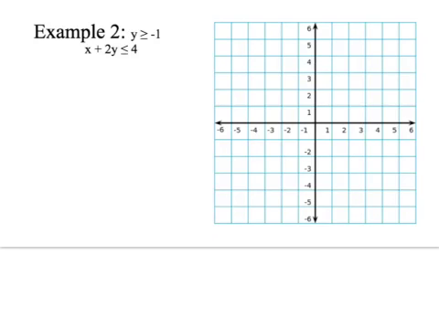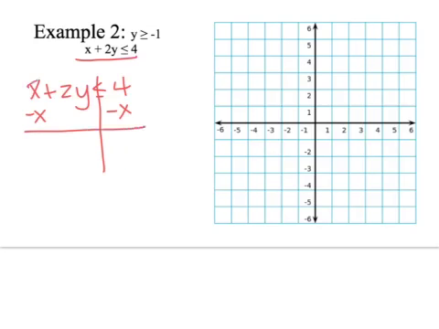Another example, so I have x plus 2y is less than or equal to 4. I'm going to have to solve this first for y before I can decide what my slope and y-intercept is. So subtract x from both sides, and we'll have 2y is less than or equal to 4 minus x, and then divide by 2.